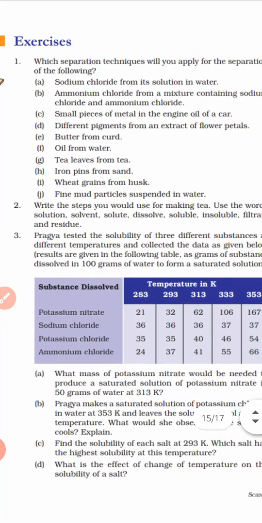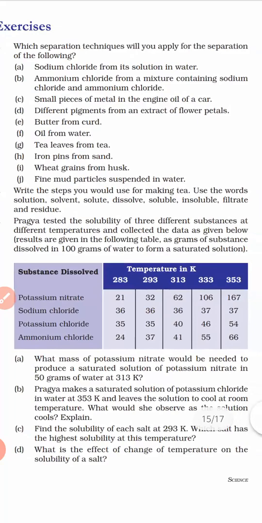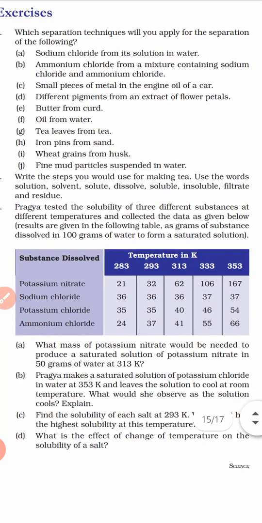Next one, number 2. This one you can do on your own. Write the steps you would use for making tea. You know how to make tea, right? You are asked to mention terms like solvent, solute, solubility, insoluble and filtered. In simple words, when we make tea, water is the solvent, and the other things which are added, milk, sugar and tea leaves, are the solute. After making tea, we filter it.